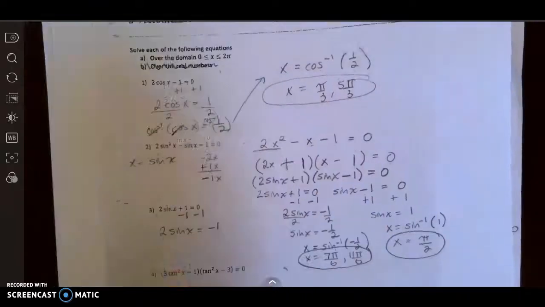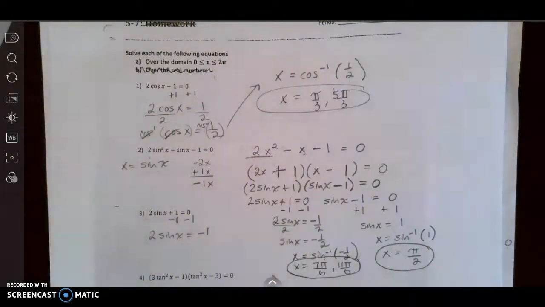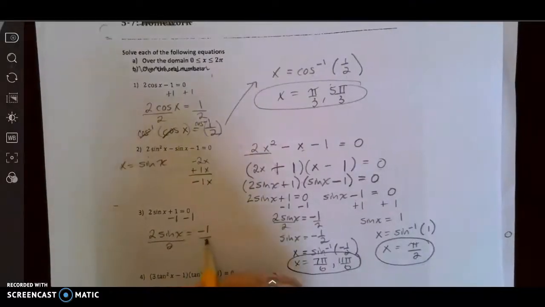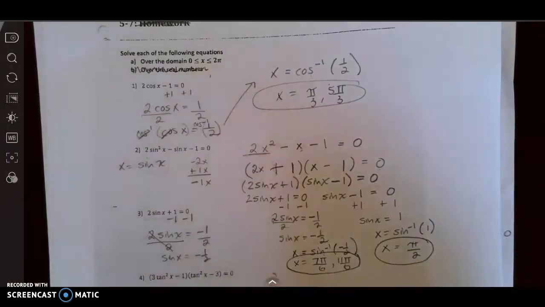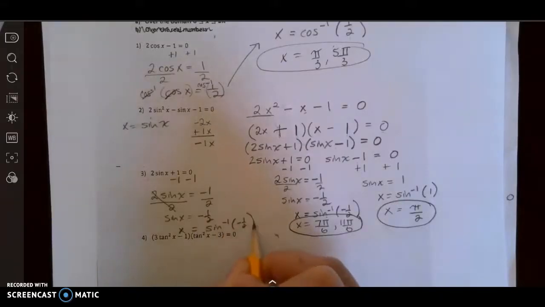I divide. So then I divide by 2. And I get that the sine of x equals negative 1/2. So I take the inverse of each side, and I get that x equals the inverse sine of negative 1/2.